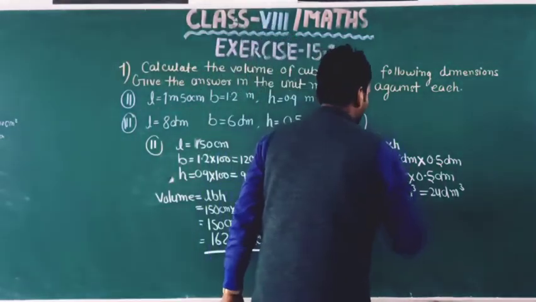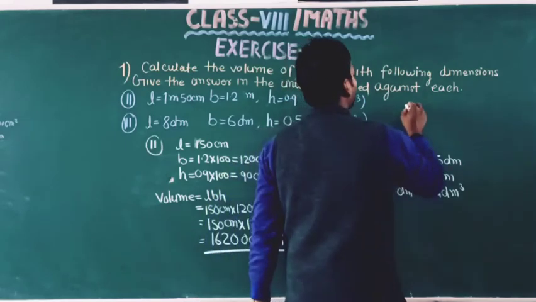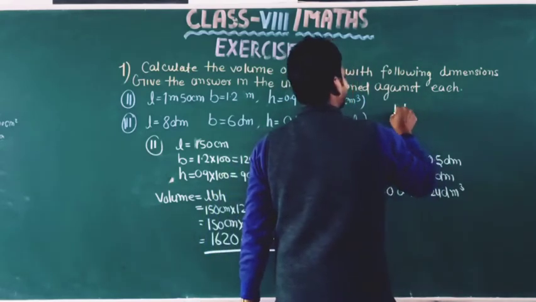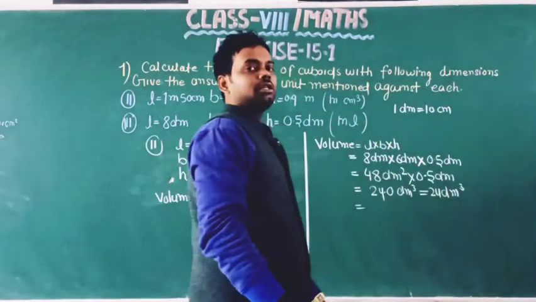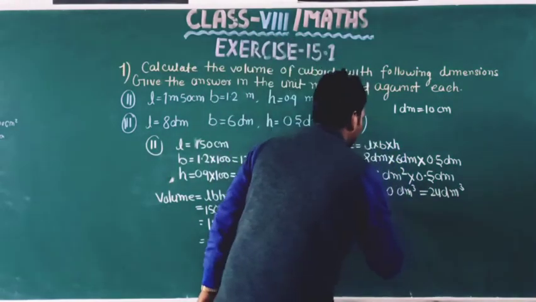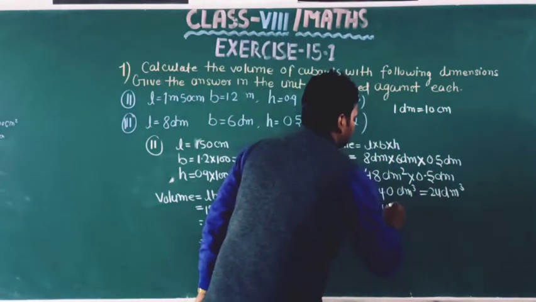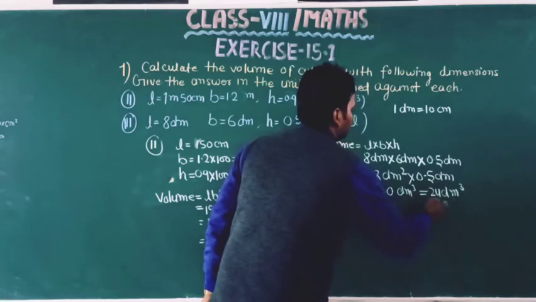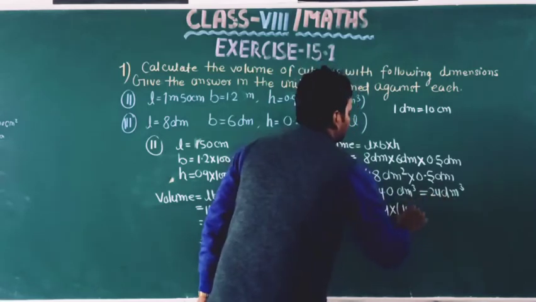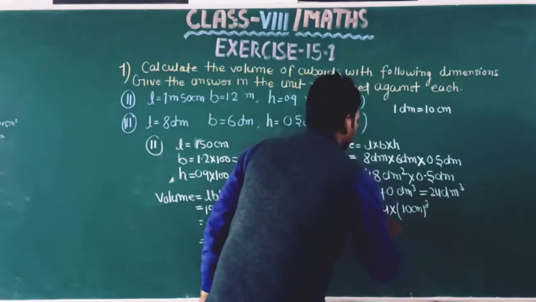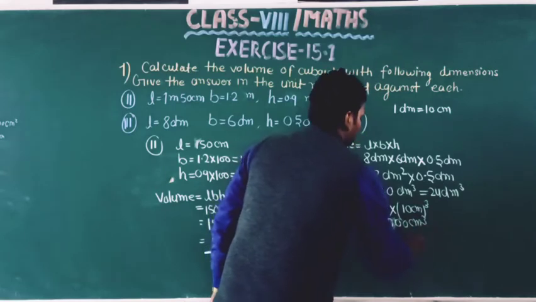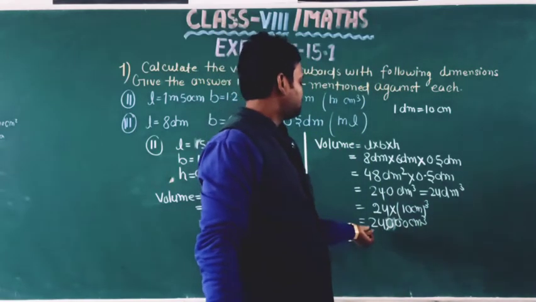Okay, so as we know 1 decimeter equal to 10 centimeter. So therefore in 24 decimeter cube, we need to multiply by 1000 centimeter cube, equal to 24 into 1000, this is 24,000 centimeter cube.